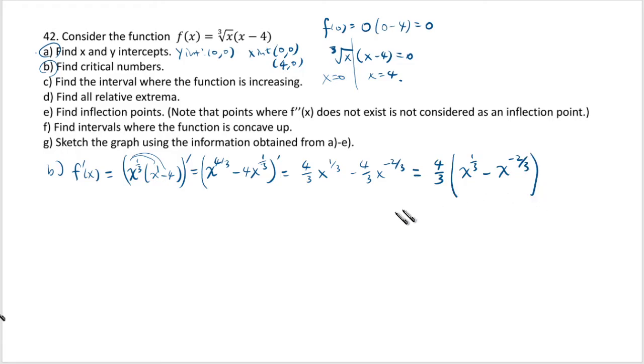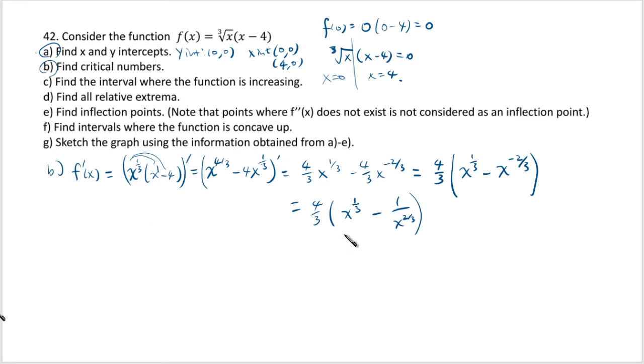So we'll factor the 4/3 out, and then we write negative 2/3 as 1 over x to the 2/3 power, right? So we see right away that when x is 0, this would be undefined, so f prime would not exist. So 0 is a critical number.